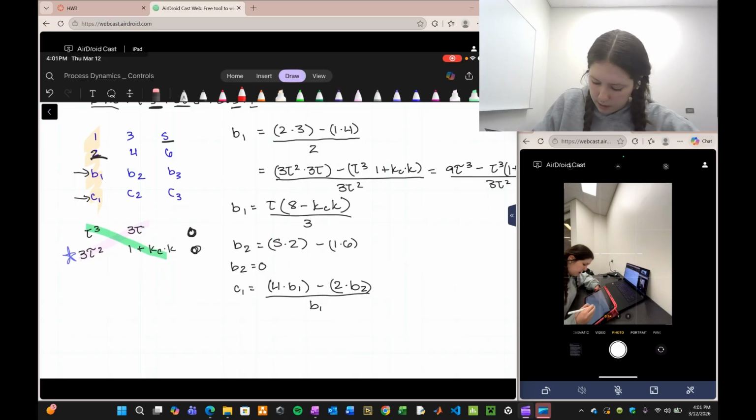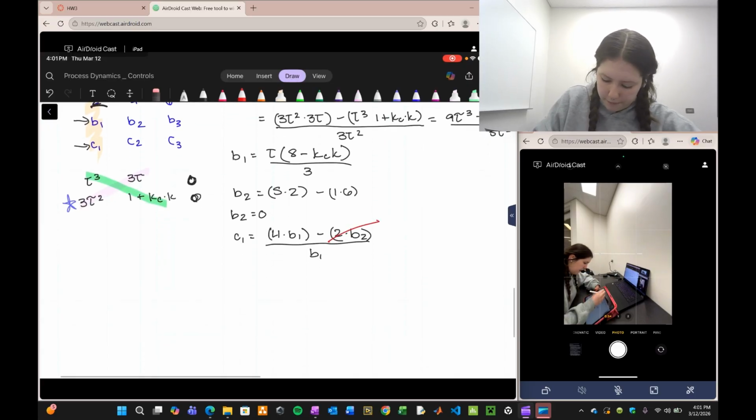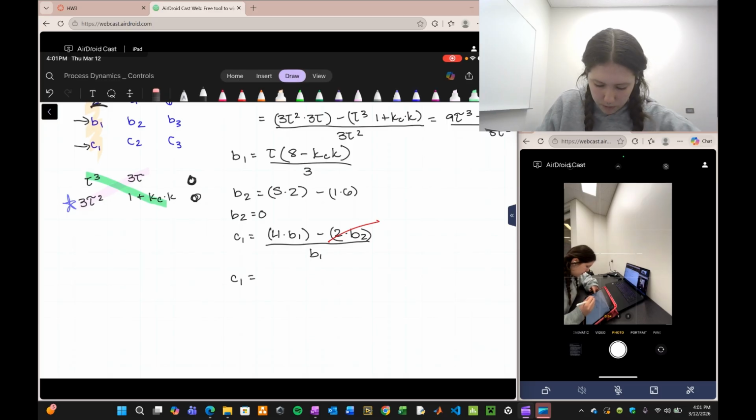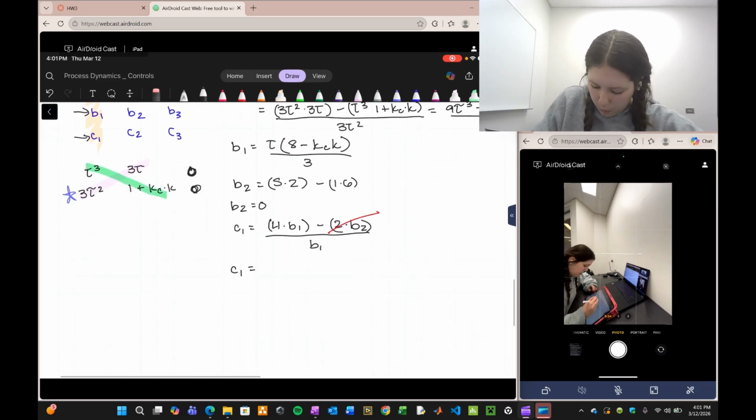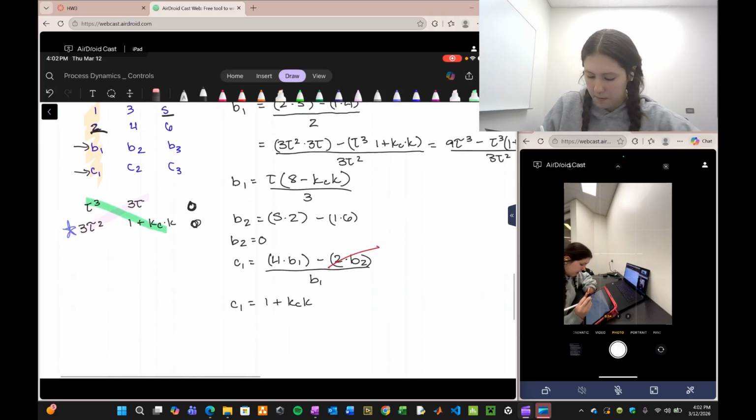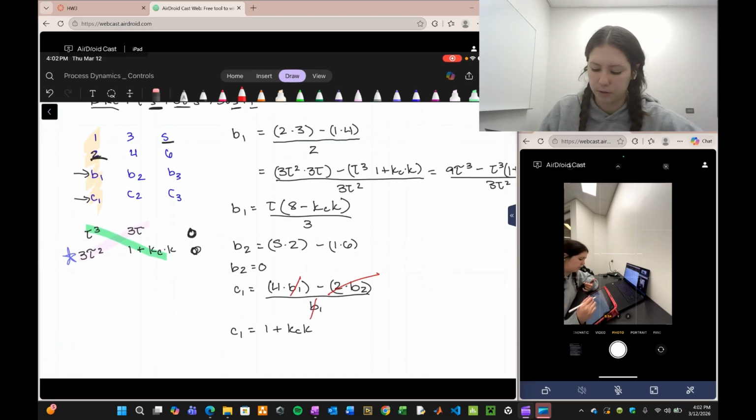For C1, what's in our 4 position is 1 plus KcK, and then that is multiplied by B1, but both of those cancel out. So we get C1 equals KcK, and we have B1 equals this expression up here.